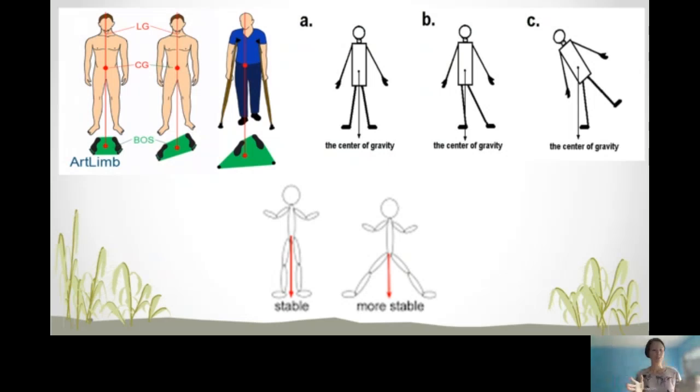Here are some pictures to show you how the base of support changes. Take a look at the left top picture, shows you your base of support, and your CG, your center of gravity, and how the base of support changes with putting one leg forward and adding crutches.